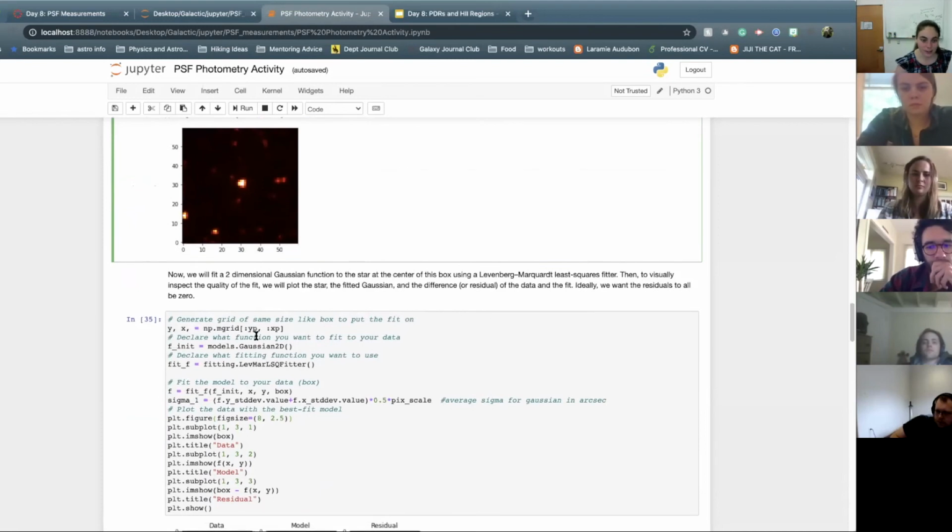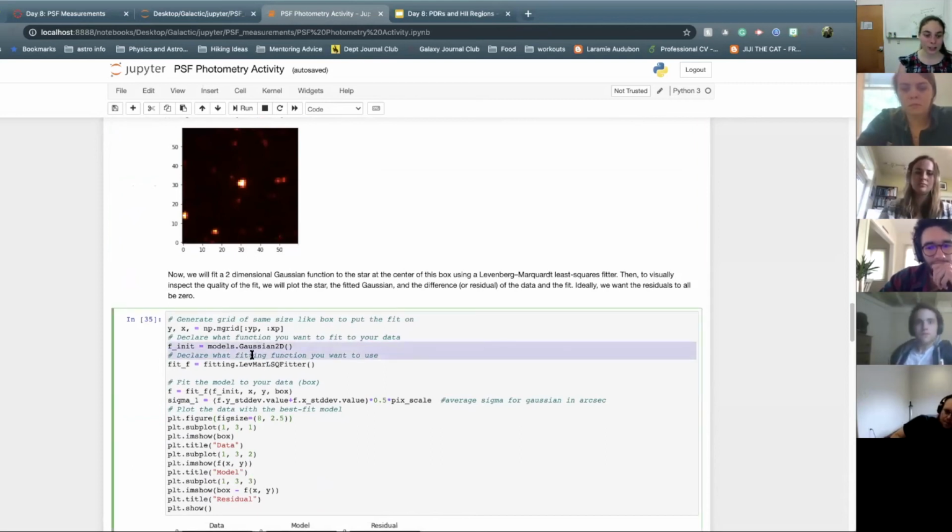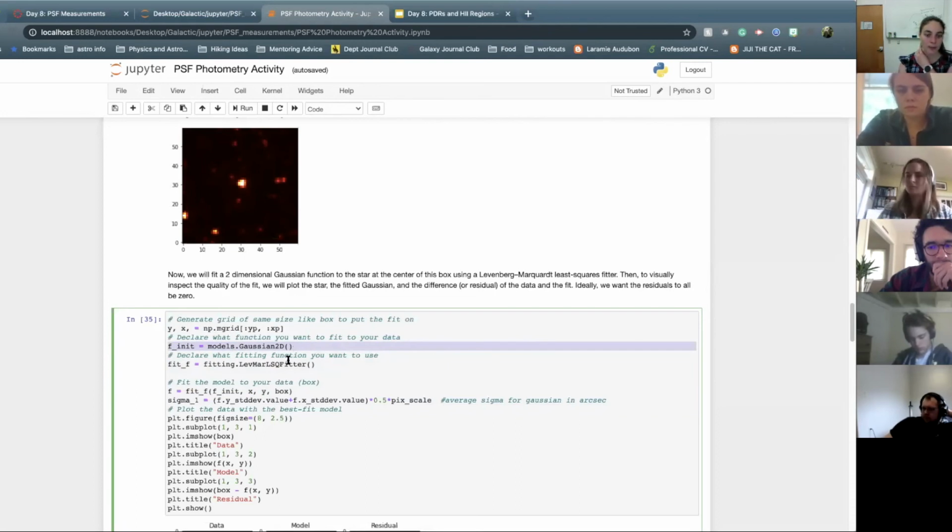This is where things start to get messy, if it wasn't messy enough already. It's really just 4 lines. These 4 lines are where we fit our data. So we're going to tell Python we want to use a 2-dimensional Gaussian function to fit our data. So it goes into our package full of models and pulls out a 2-dimensional Gaussian function.